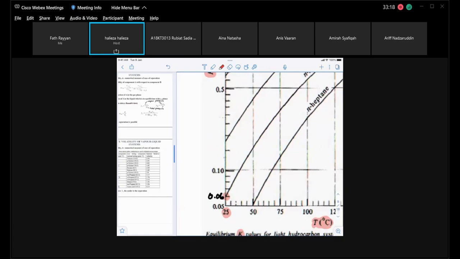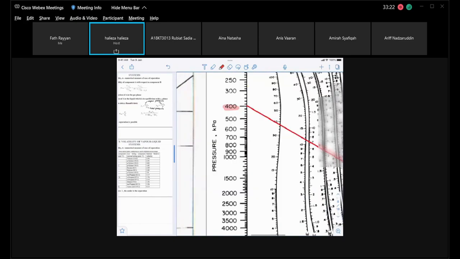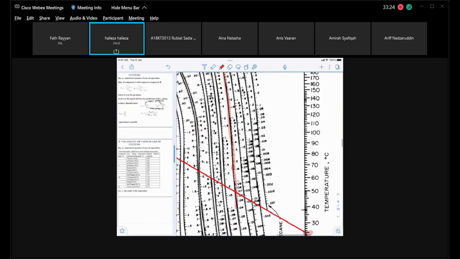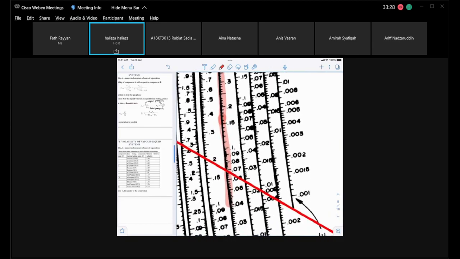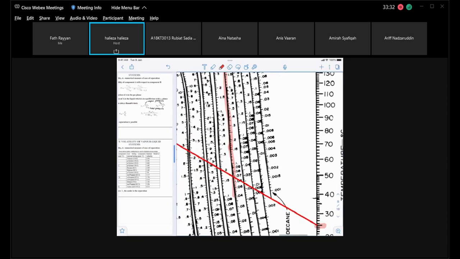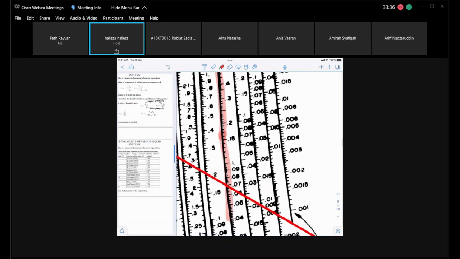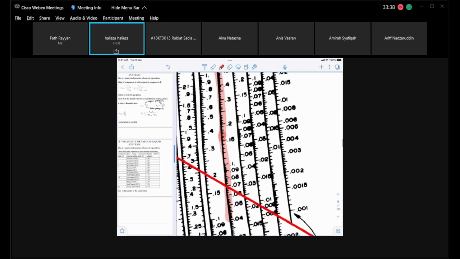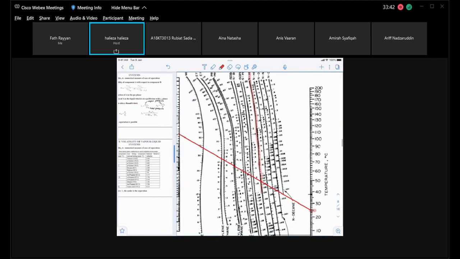If you use that graph, it will be more accurate because of the scale. But with this graph, because of the way the scale is written, it's difficult to get 0.06. You really need to zoom in, and I don't think I can zoom in that far. But you get roughly the idea that it is about 0.07.